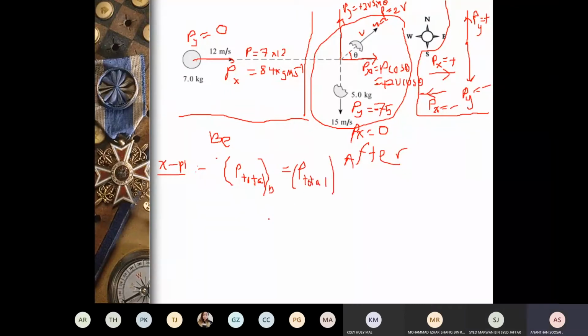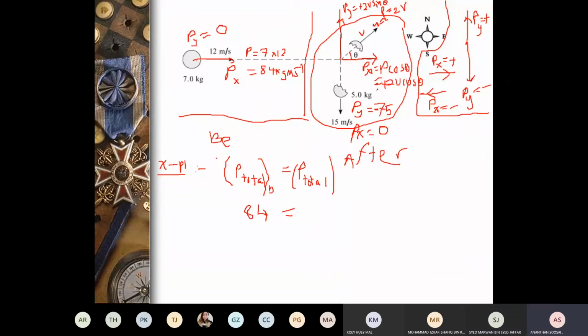Okay, get the equation. What is the first equation? X component. So before, what is the total momentum? Px. Just focus on px, no py, just px. So px total is 84. The only particle which is moving forward, momentum is 84.